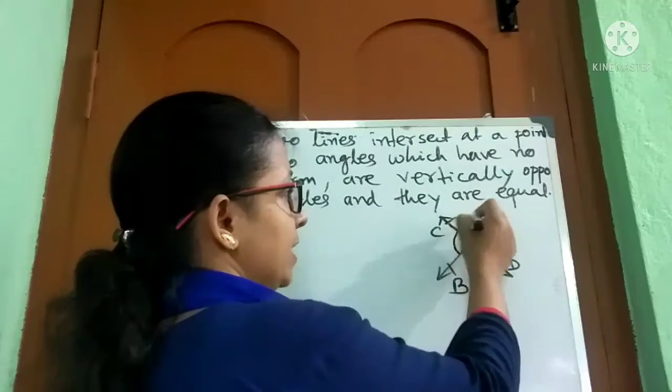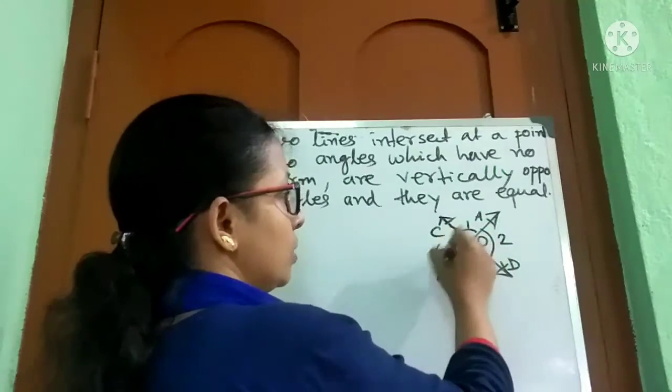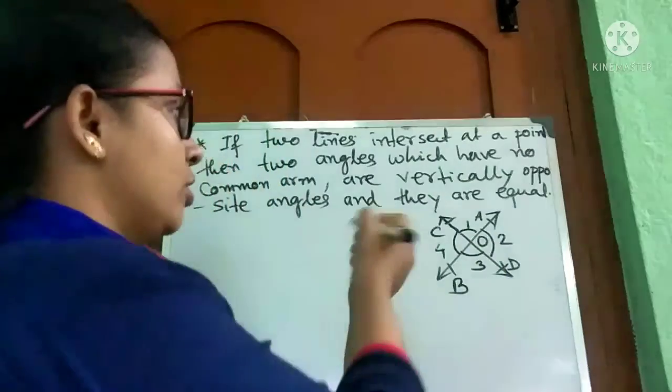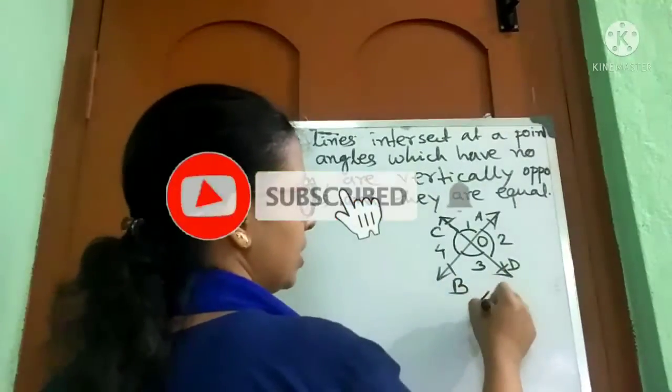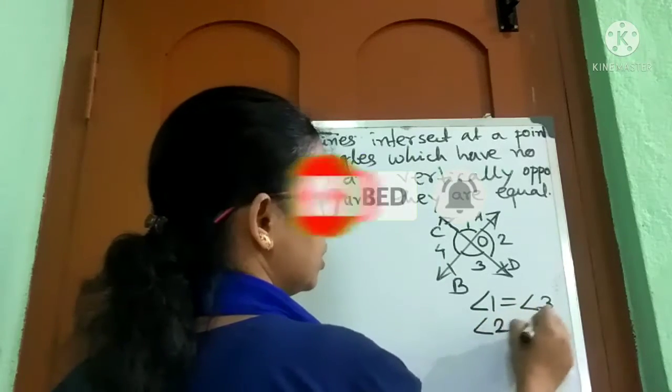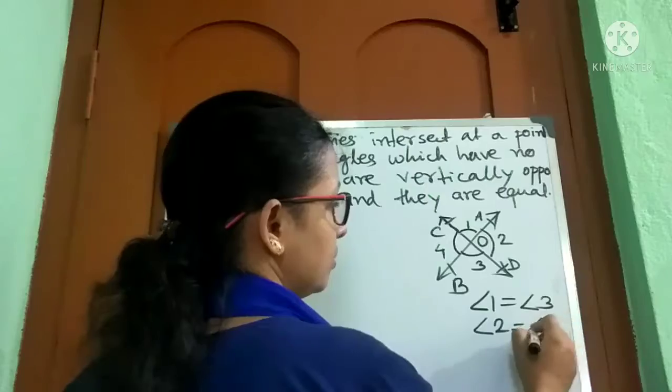If I name them 1, 2, 3, 4, then 1 and 3 are vertically opposite, 2 and 4 are vertically opposite, and they are also equal. Like angle 1 equals angle 3, and angle 2 equals angle 4.